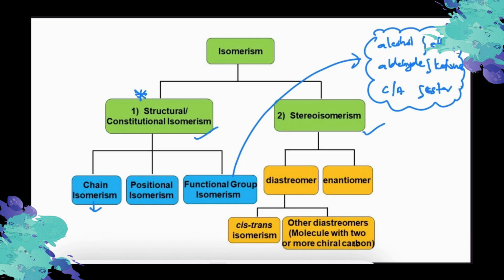Alright, now let's look at the first example. Let's say we have a molecule C4H9OH. So this molecule has one oxygen.